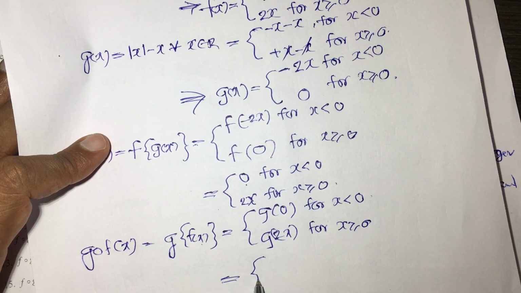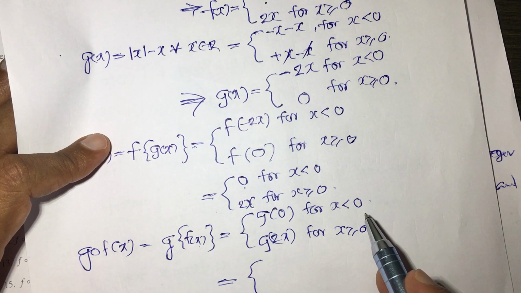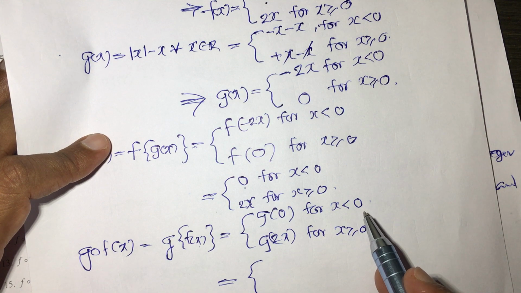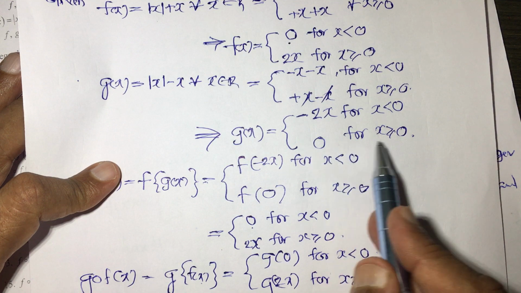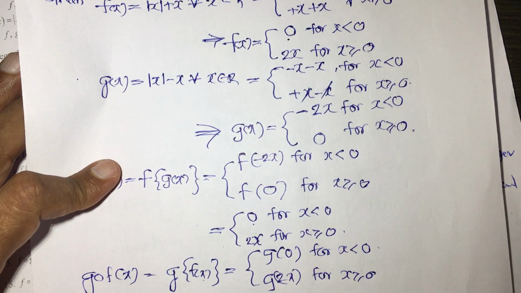So this is g of 0, and g of 0 means x is 0, so it is 0.